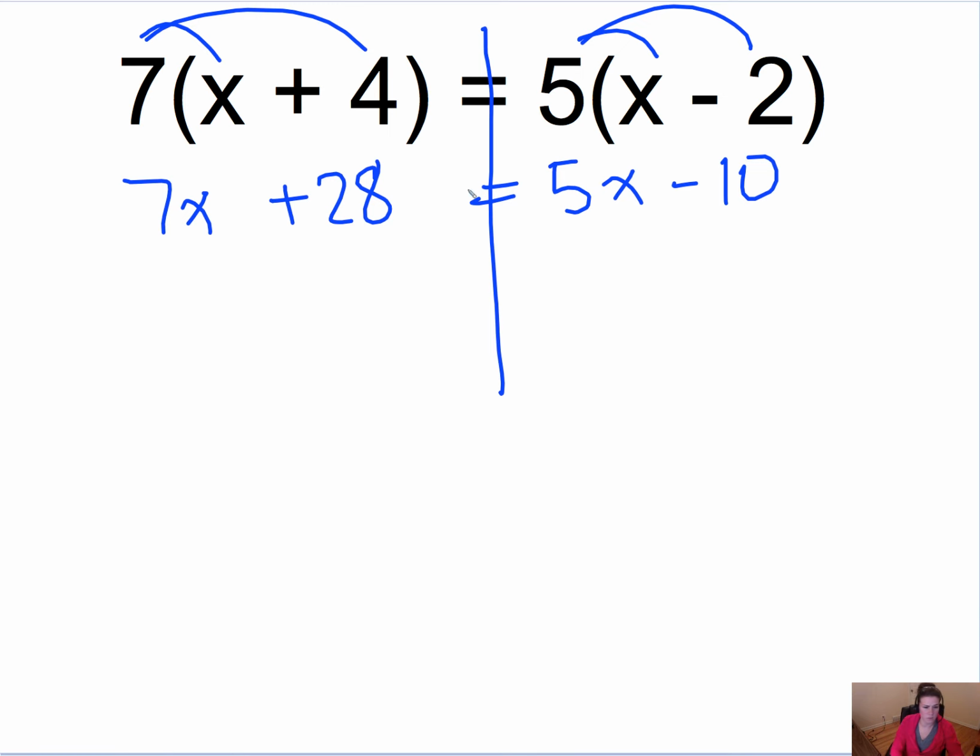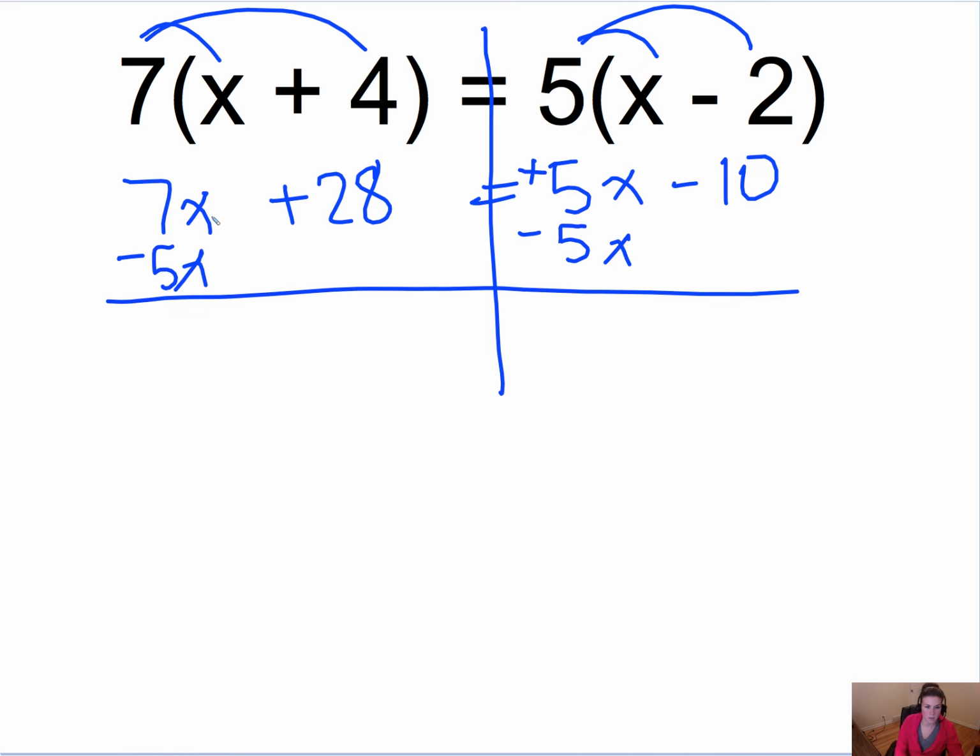Like I've shown you before, it doesn't matter which variable you move, but I'll move the 5x. So the 5x is attached to the 10 with subtraction. However, it's positive, so I'm going to subtract 5x on both sides. This is 2x, bring down the plus 28. These cancel, and then bring down the minus 10, which changes to a negative 10.